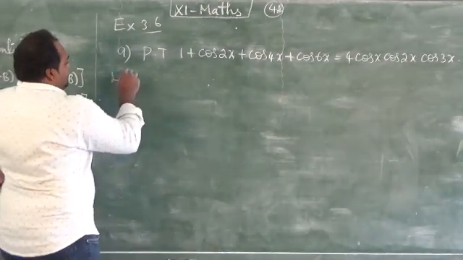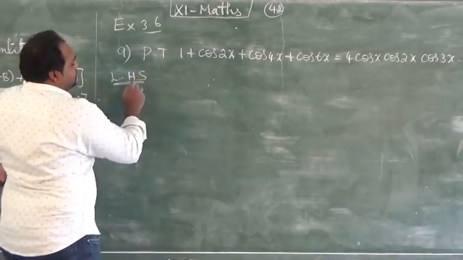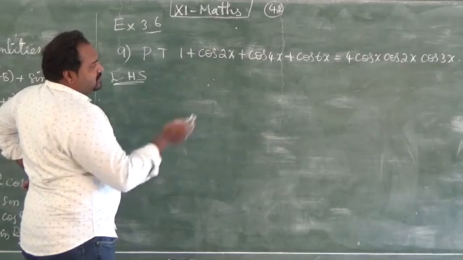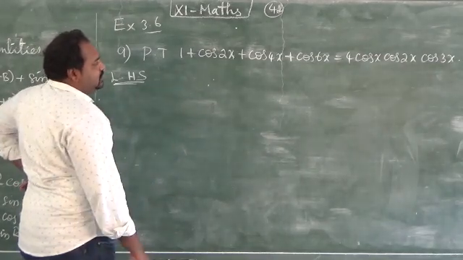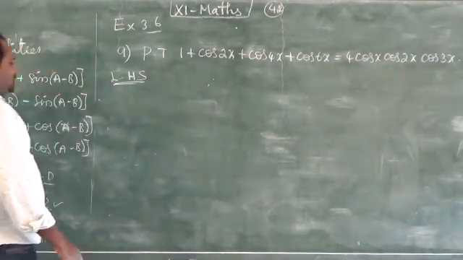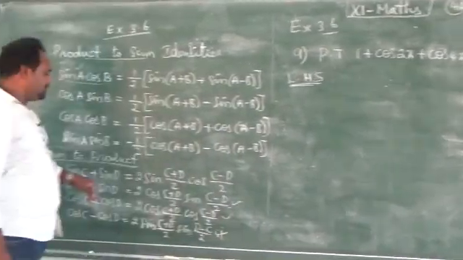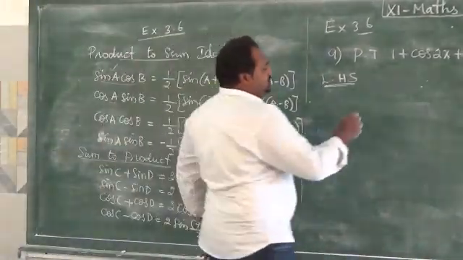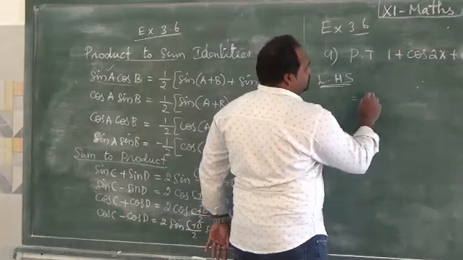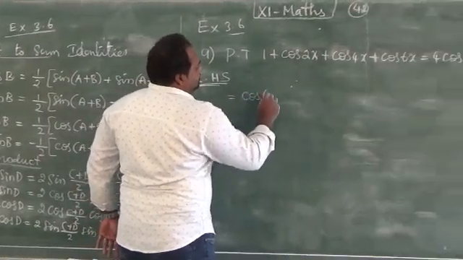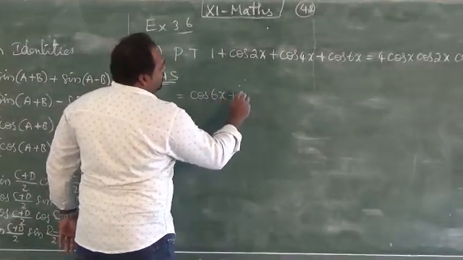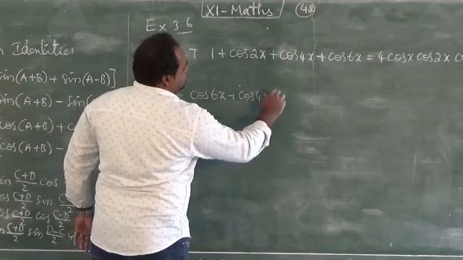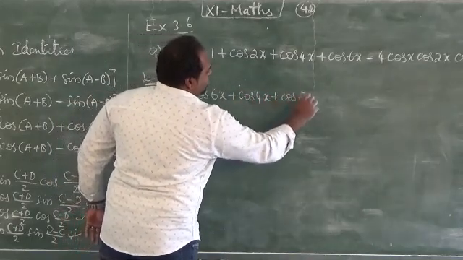Before that, in the LHS I am just rearranging the order. I told you already, the first one is supposed to be the bigger value, so I am changing the order: cos 6x plus cos 4x plus cos 2x.